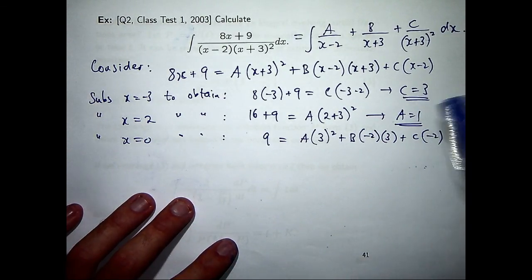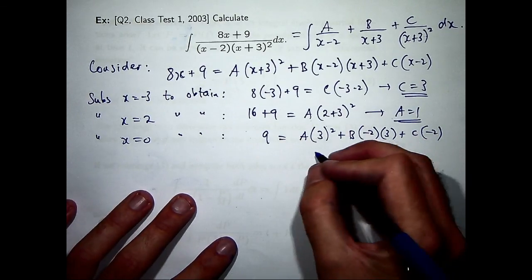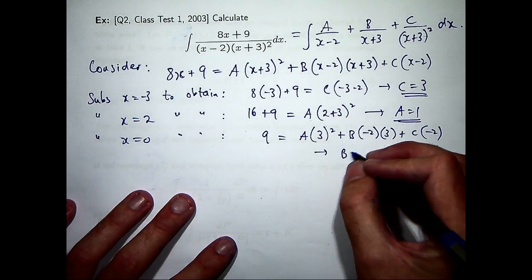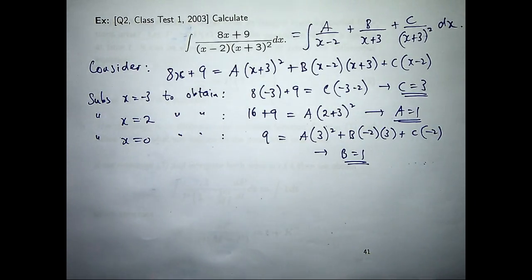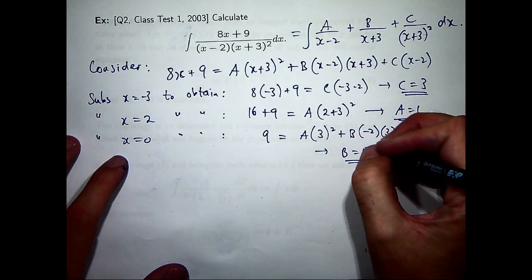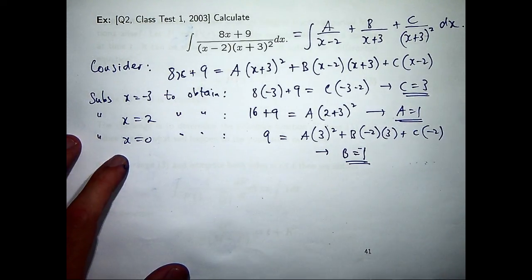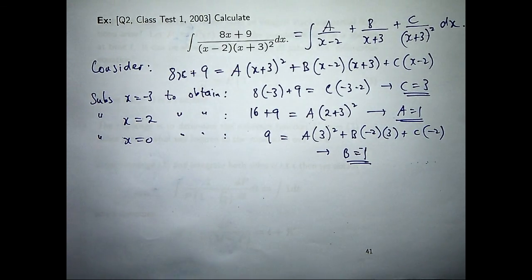Now, I already know what A and C are. So this is going to give me B equals minus 1. So I've got my 3 constants that I'm chasing. So now I can integrate, hopefully. Oh, minus 1. Sorry, I left the minus off. Thank you.